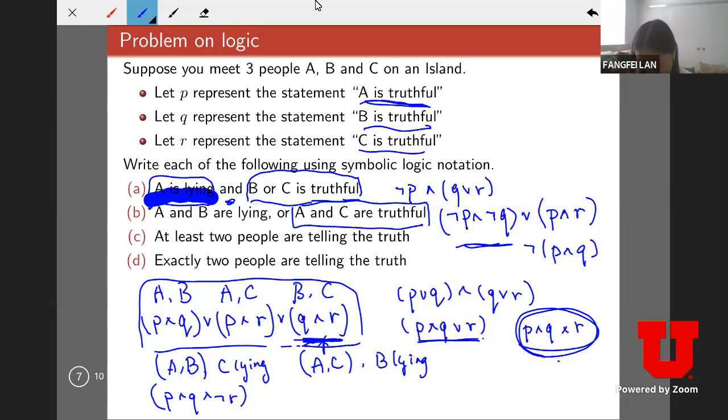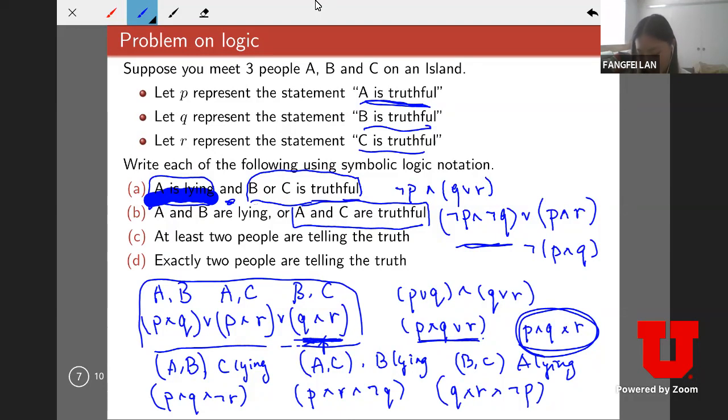Just switch out the letters. Yes, you do just switch out the letters. So we have P and R and not Q. Yep. And the last possibility is B and C are telling the truth and A is lying. So we do the same thing here. So we have Q and R and not P. These are the three possibilities that we have.